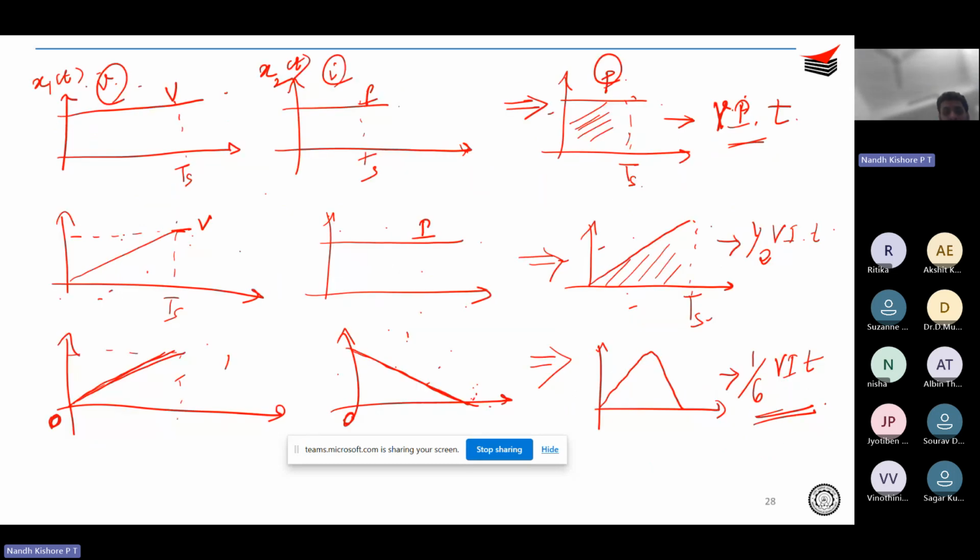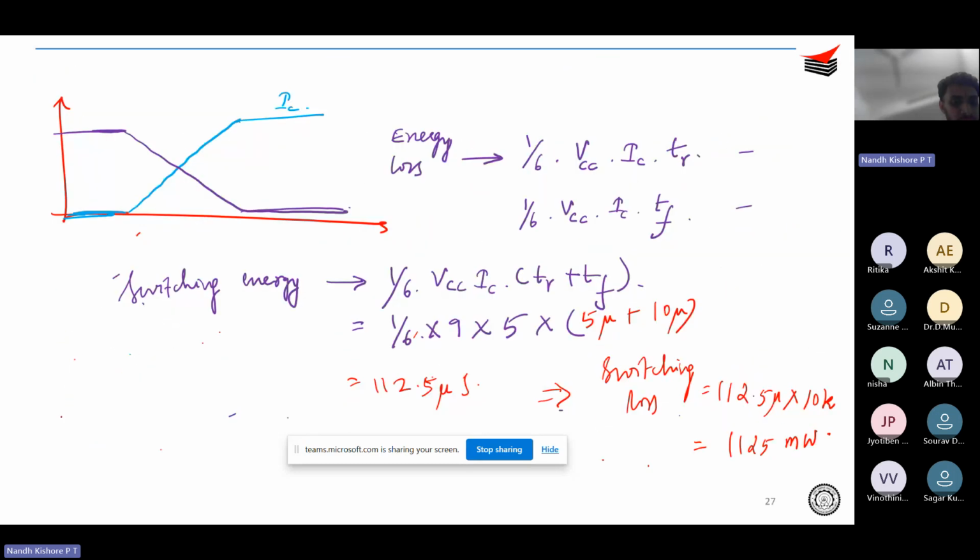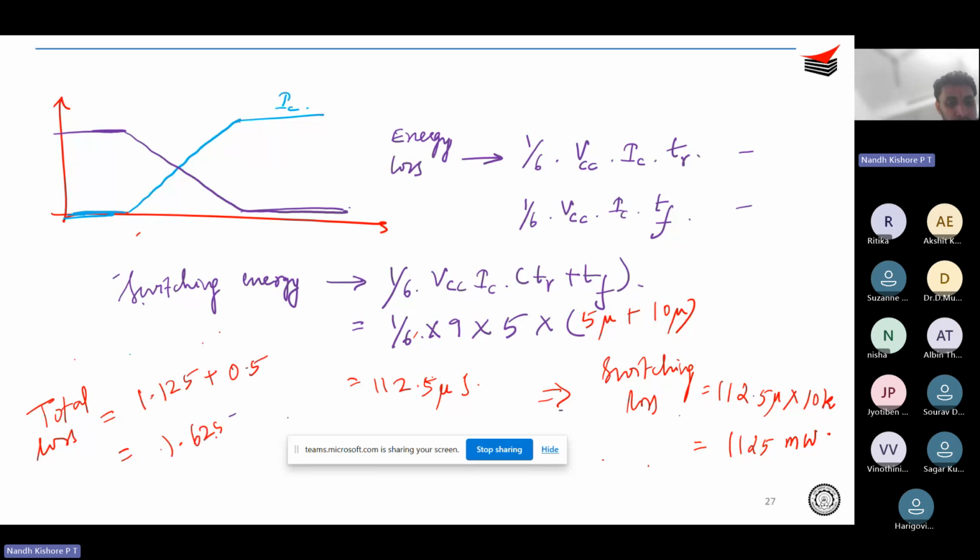So your total loss will be 1.125 plus 0.5, and you end up with somewhere around 1.625 watts.